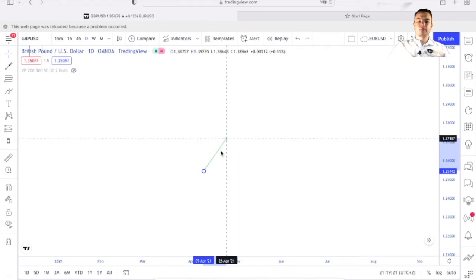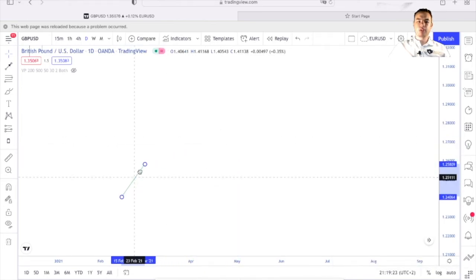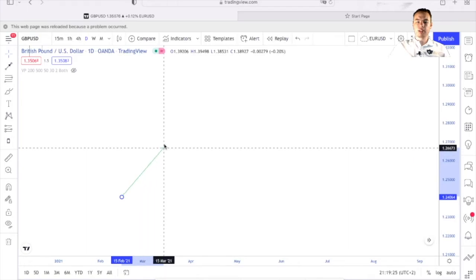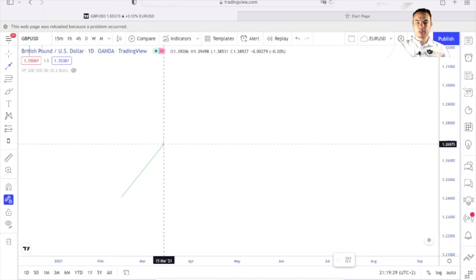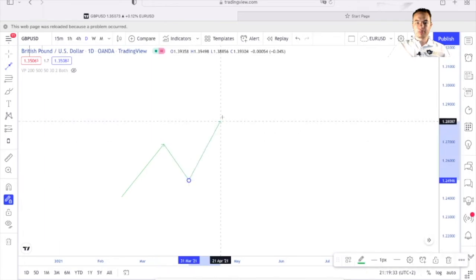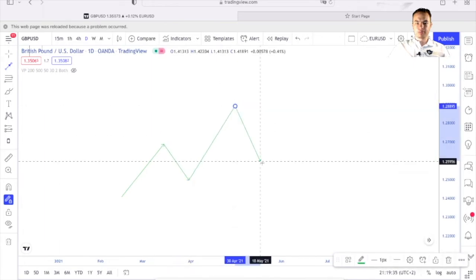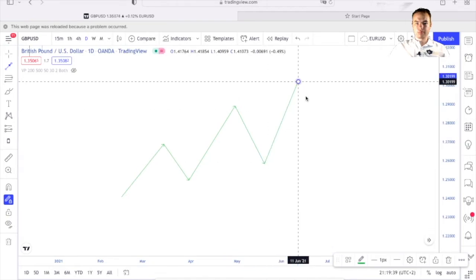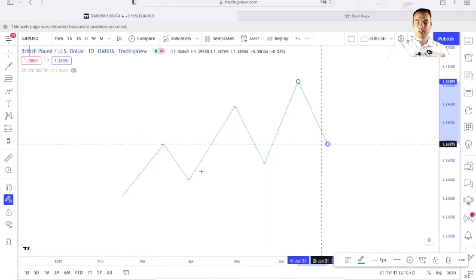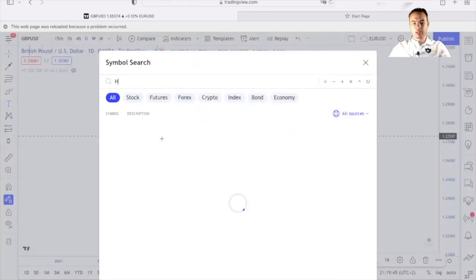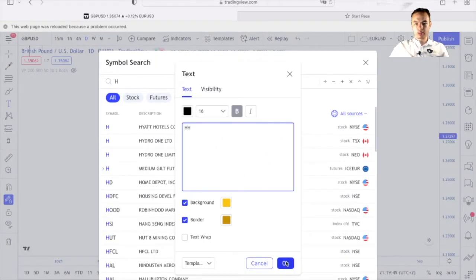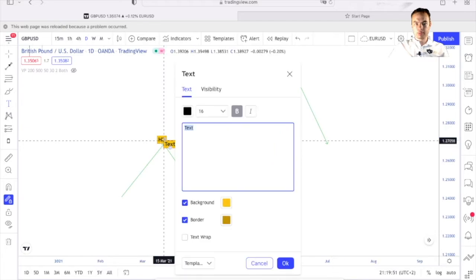For an ascending trend line, the market needs to be making higher highs and higher lows.